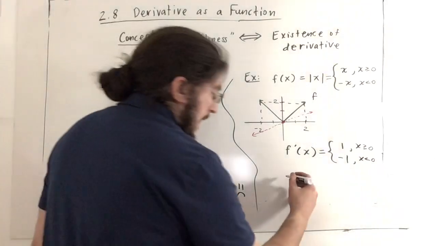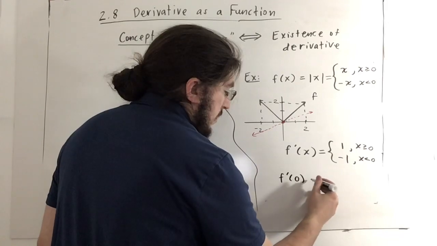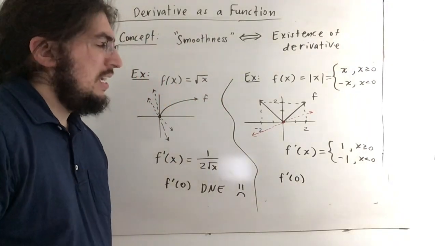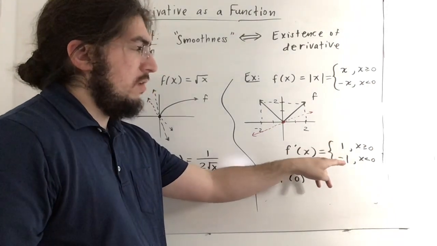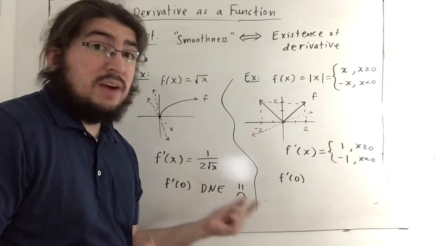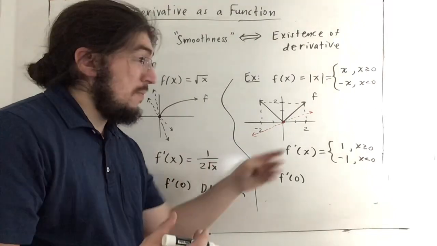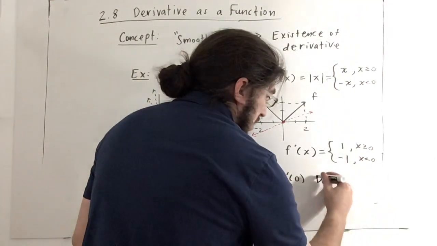But now, what happens at 0? Well, f prime of 0 wants to be two things. Technically f prime of 0 would be 1. It wouldn't be negative 1. But the problem here is the way derivative is defined as a limit. And since the limits from each side aren't the same, one's positive, one's negative, this limit doesn't exist.